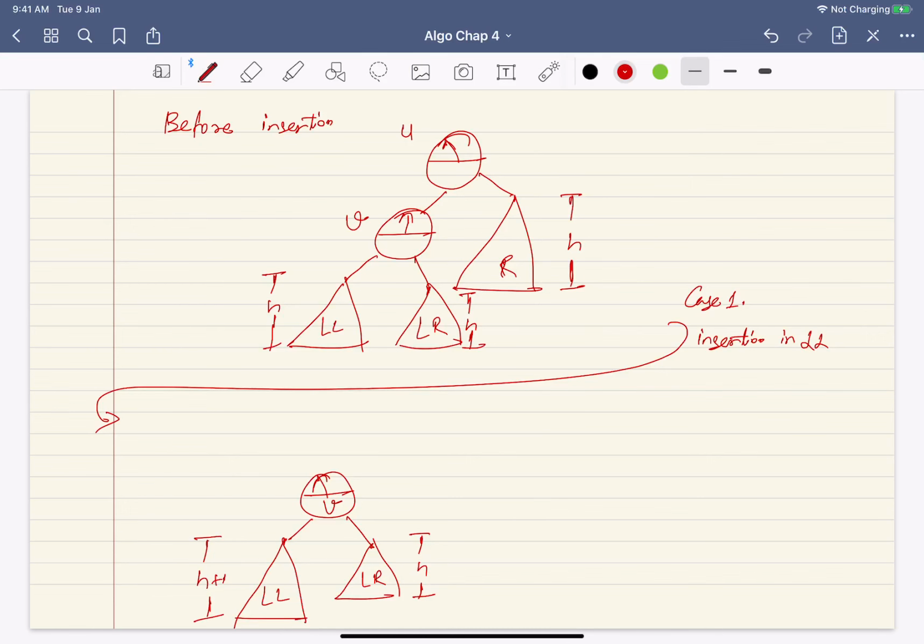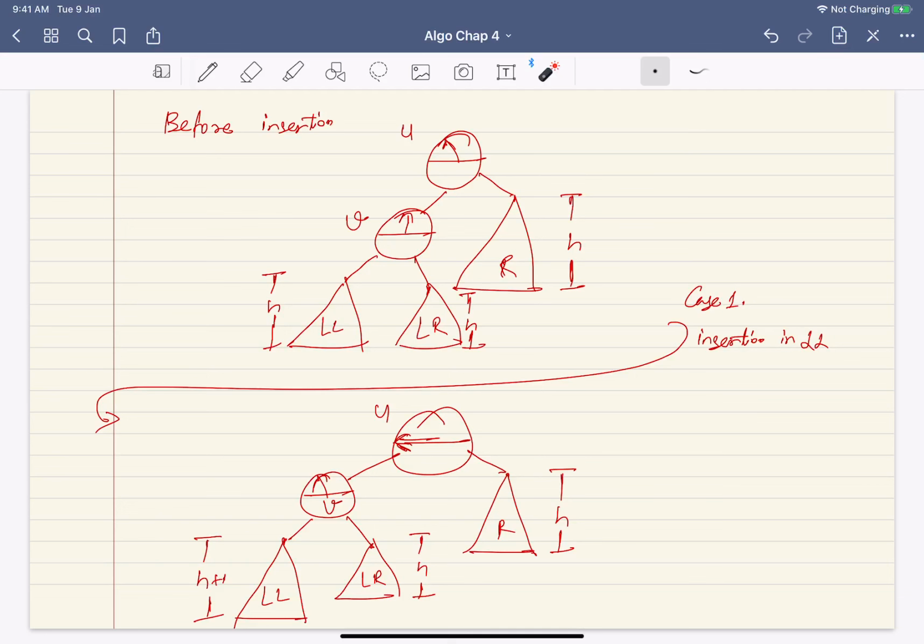V has gained height, its balance factor becomes minus 1, and U's balance factor becomes minus 2. Nothing changes to its right subtree, which has a height of h, and the left subtree rooted at V has a height of h plus 2, so the balance factor is minus 2.